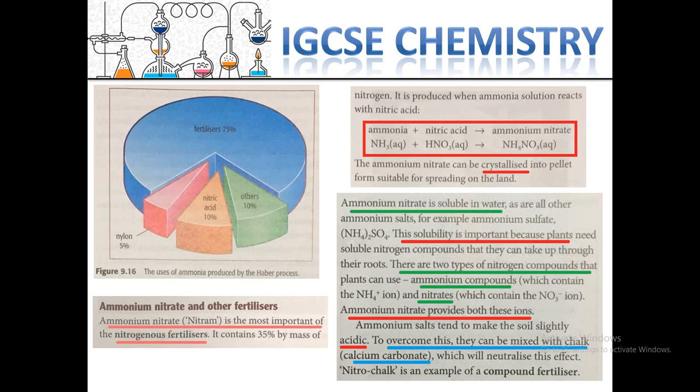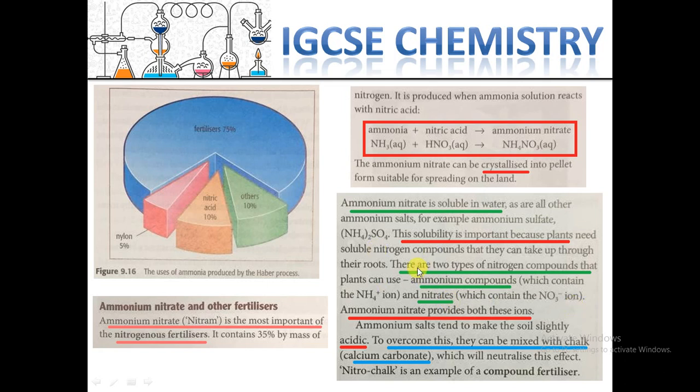In this compound there are two types of ions, ammonium and also nitrate.